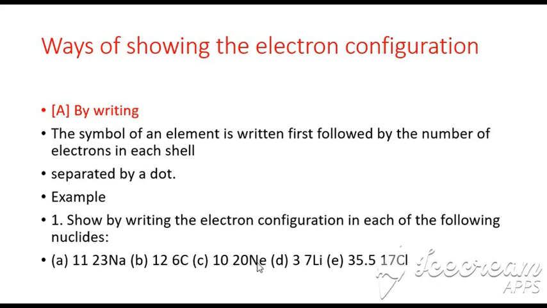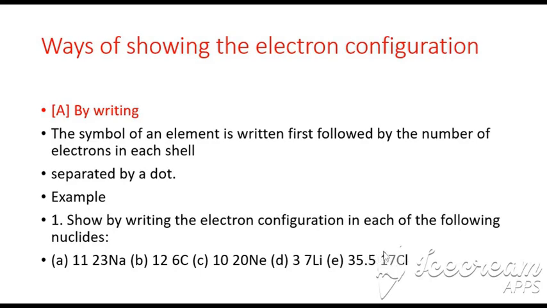This is neon. This 20 is the mass number, 10 is the atomic number. Lithium, it's a metal. The mass number, the number on top, is 7. The down number, the atomic number, is 3. This is chlorine. The mass number is 35.5, and then 17 is the atomic number.